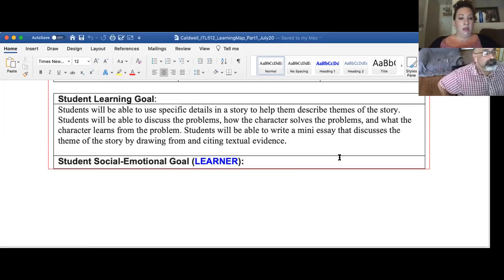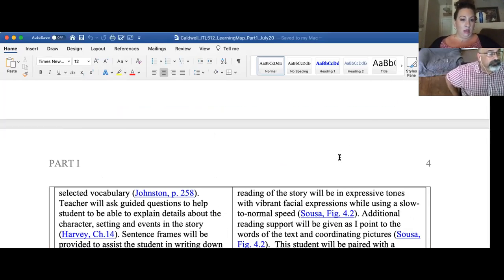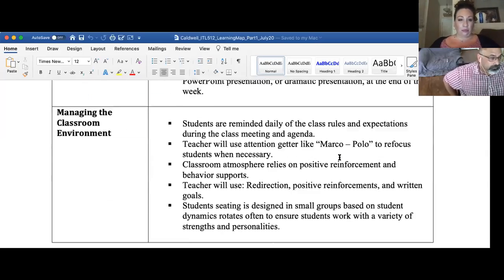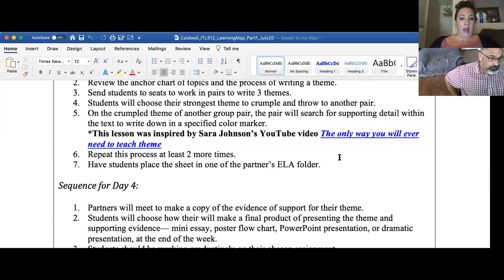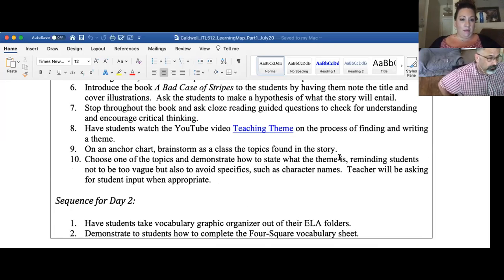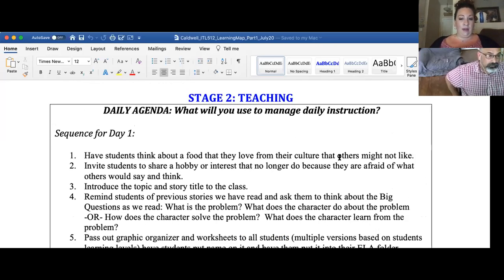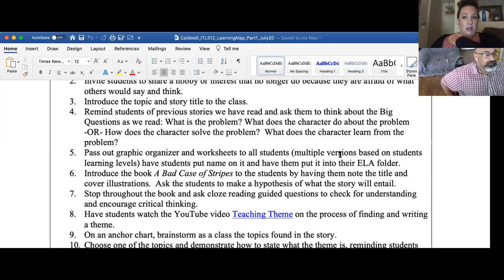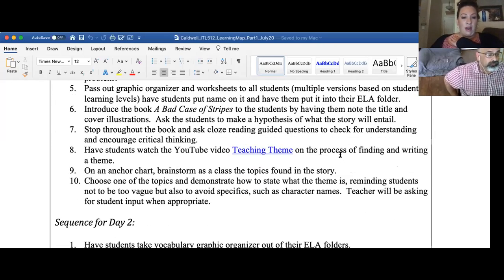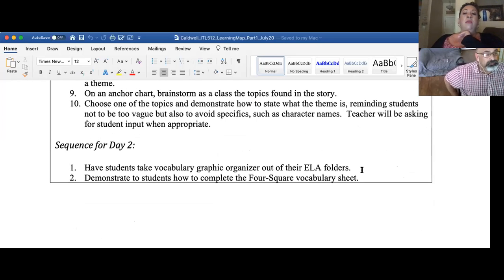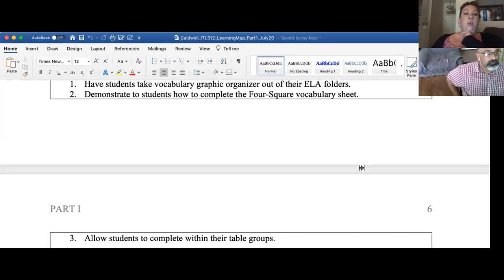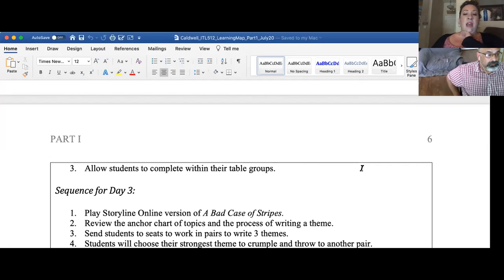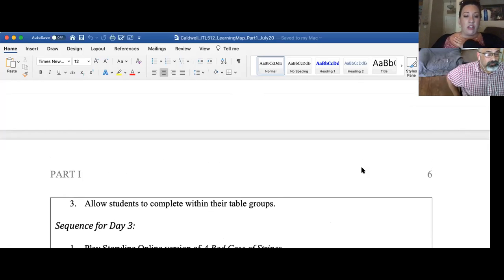So let me scroll down to the end of this. The way I wrote this lesson plan up is I split it into 5 days. I envisioned the first day is exactly what today would have been, going over the story and the how to find a theme and kind of practicing it. And then day two, we would practice a little bit more on looking at vocabulary and a little vocabulary worksheet.